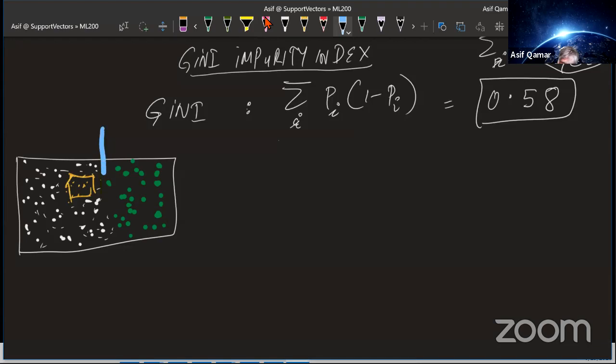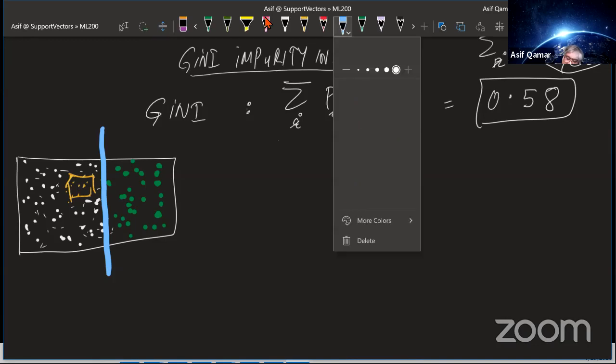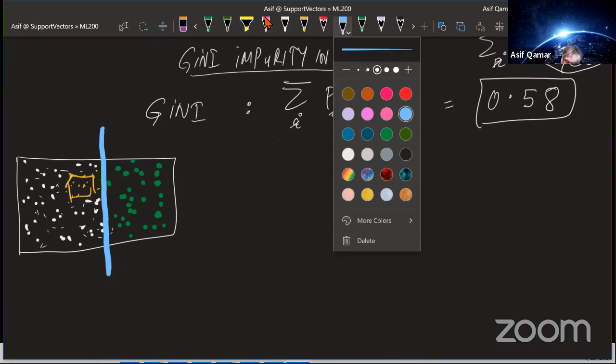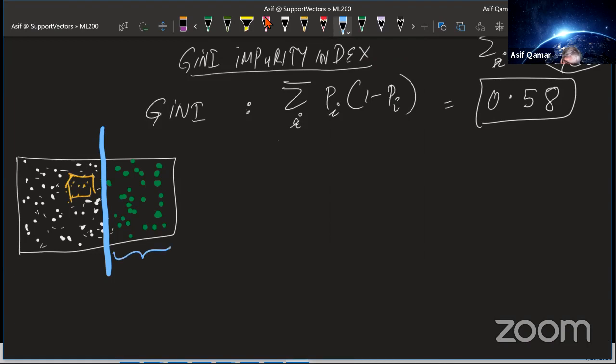So would you agree that this intuitively makes sense as the first good split? Would you agree, guys? Yes. And let us see why our intuition is telling us to do this. Now, if you do this, we end up with two regions, region R2 and region R1.